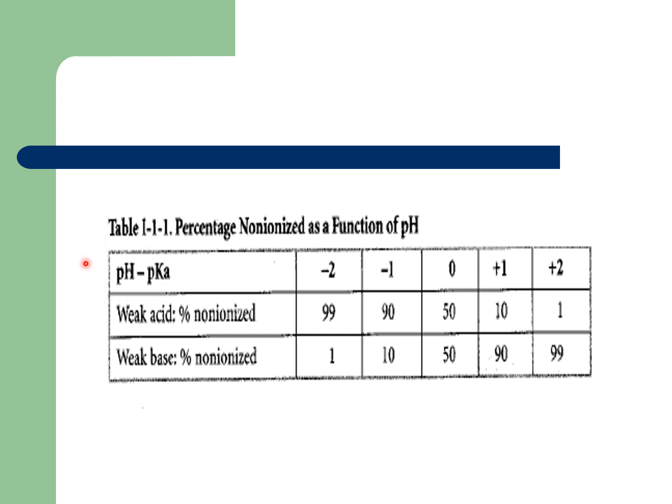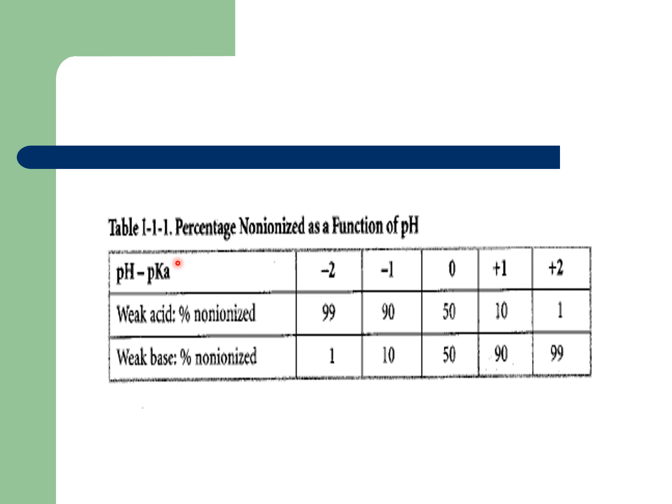Here you can see pH minus pKa, and it is telling about the weak acid and weak base. Remember one thing, this table gives us the concentration in which is the non-ionized or absorbable form. If you get a question, for example, that aspirin has a certain pKa and its pH is above 8, how much will be ionized and how much non-ionized? First of all, involve common sense. Aspirin is an acidic drug; if the pH is 8, in alkaline, will the drug be in more absorbable form or non-absorbable form?